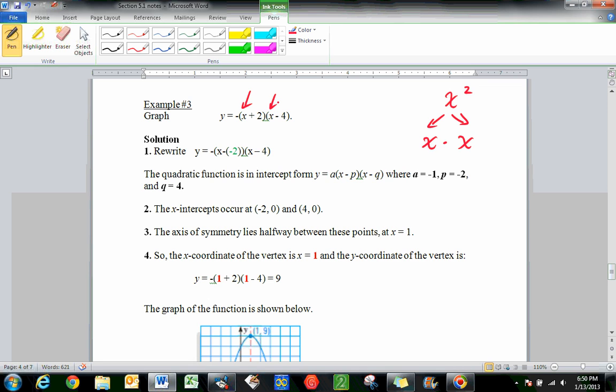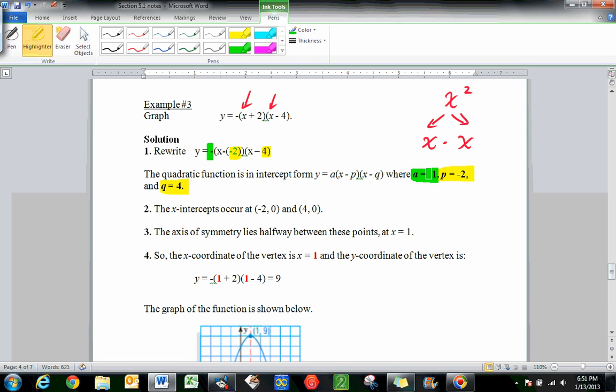So the very first thing we need to do here is identify our intercepts, and you can see that we want the opposite value. So we have a -2, and of course we're going to use the positive version of 4 for our p and our q, and then the a value in this case is represented by a -1.